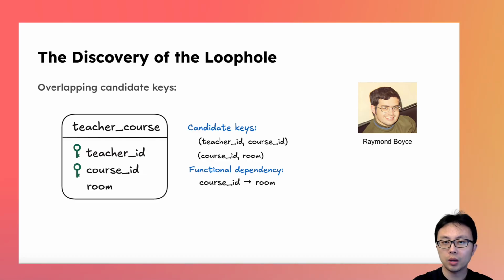And the functional dependency states that course ID functionally determines room. This design is perfectly valid in the eyes of the third normal form, as all the columns belong to some candidate keys or primary key. So there's no non-key columns, thus no transitive dependency.